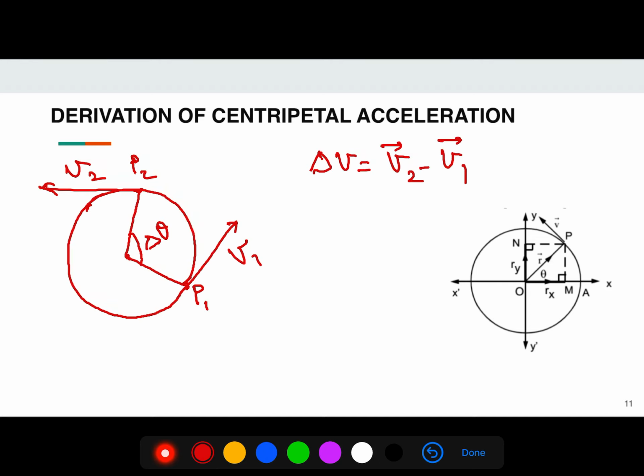First we will draw V2, parallel to V2, and then minus V1.